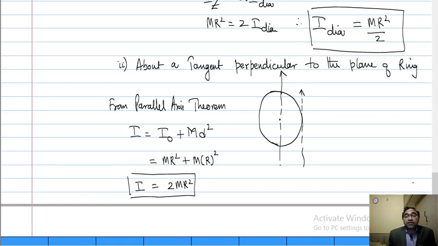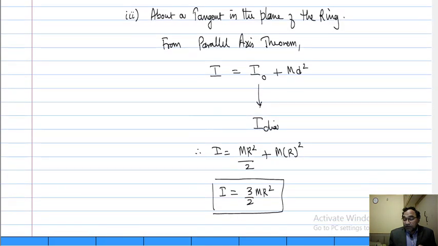You need to find out how the axes are oriented, then only you can proceed. It is not that difficult to apply them. The only thing is, we need to visualize the orientation of the axis about which we have to find and how it is related to the known axis. That will make the calculation simpler.